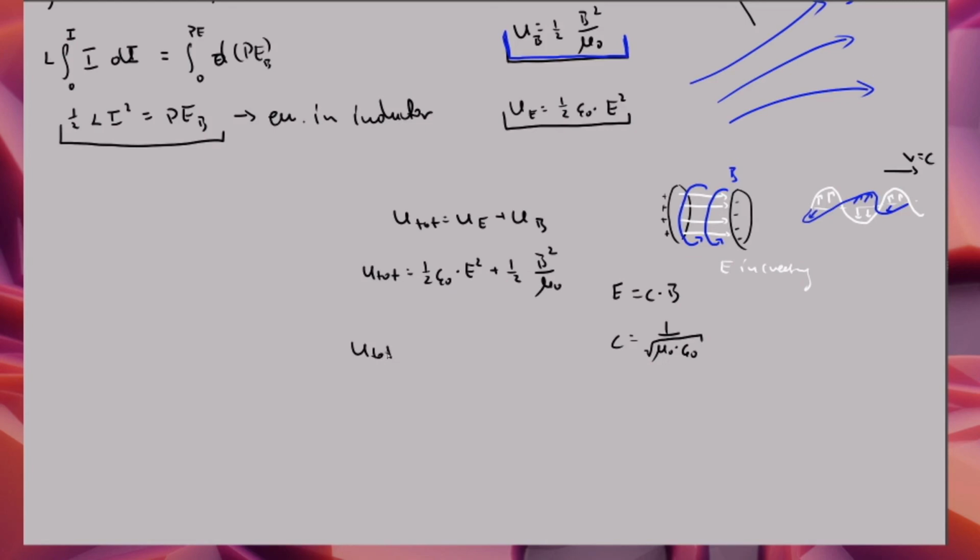So the total energy density in a case where you have both electric and magnetic field present, well, let's get rid of the magnetic field in this expression.